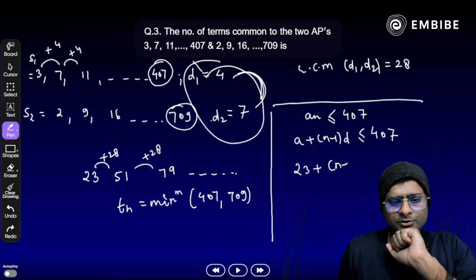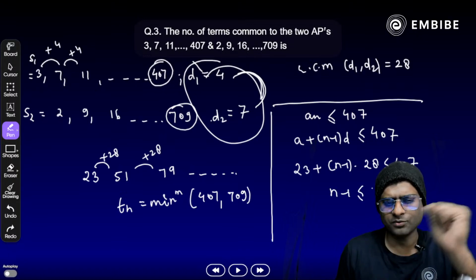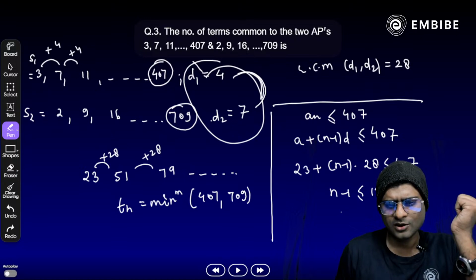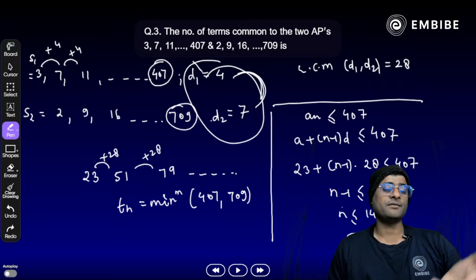N minus 1, we don't know, and d is 28. Less than or equal to 407 here. Correct? If we simplify, what do we get? N minus 1 is less than or equal to 13.7, or n is less than or equal to 14.7. That should be what?